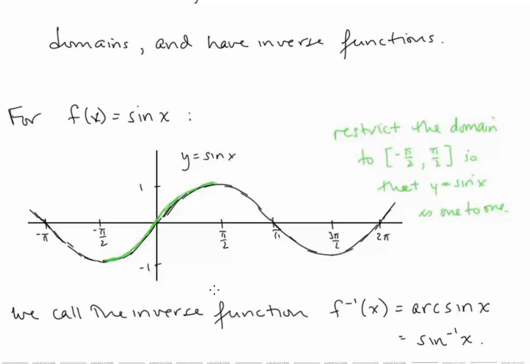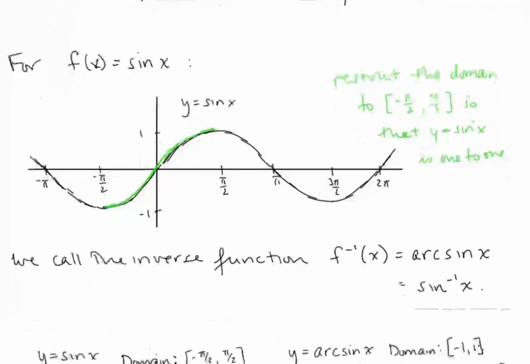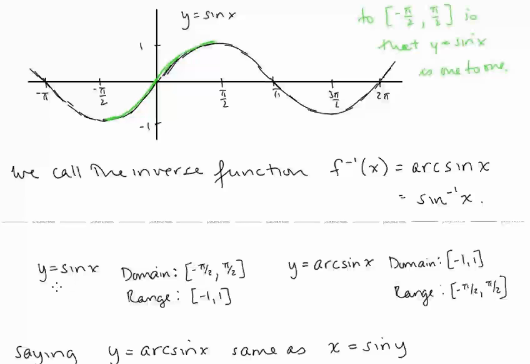So when we restrict the domain to negative pi over 2 to pi over 2, f of x equals sine x is then one-to-one, and we can talk about its inverse function. We're going to call that inverse function arc sine of x, or sine inverse of x. Then for the original function, y equals sine x, the domain is negative pi over 2 to pi over 2, and the range is negative 1 to 1.